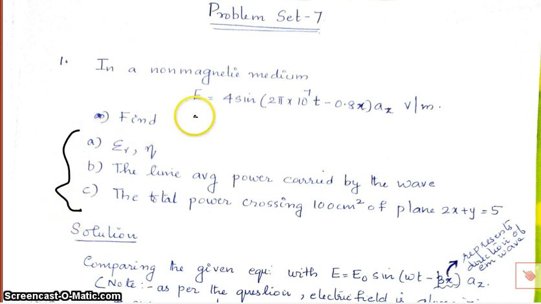So, first what you have to do is compare this equation with our standard equation, E is equal to E naught sine (omega t minus beta x) a z. So E naught is 4, omega is 2 pi into 10 raised to 7, beta is 0.8. And what does this x indicate?